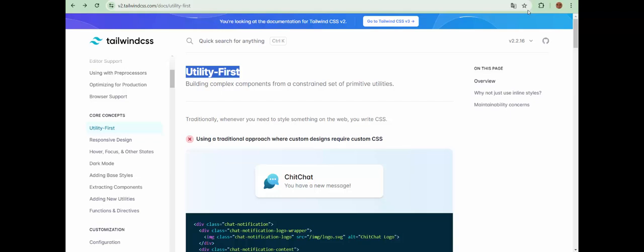I know all about CSS, for example, and I learn. I go to see what Tailwind is, and I ask myself what the idea is, and the idea is utility first.